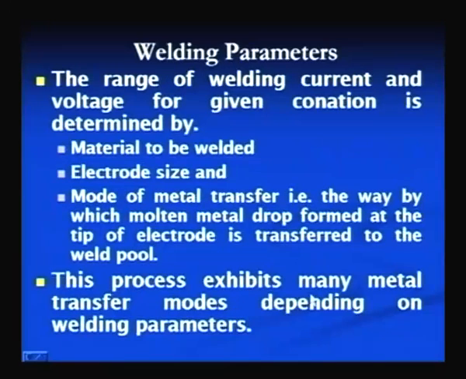This process exhibits many metal transfer modes depending upon the welding parameters. In the gas metal arc welding process, with a change in welding conditions for a given material combination and the shielding gas, we may find different types of metal transfer modes.